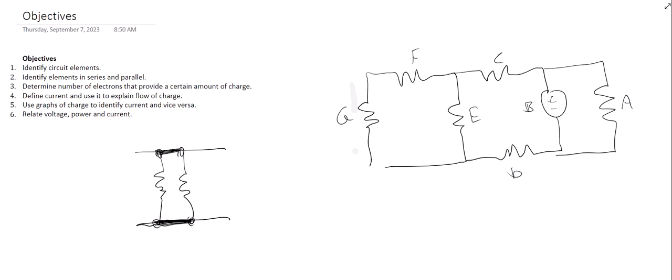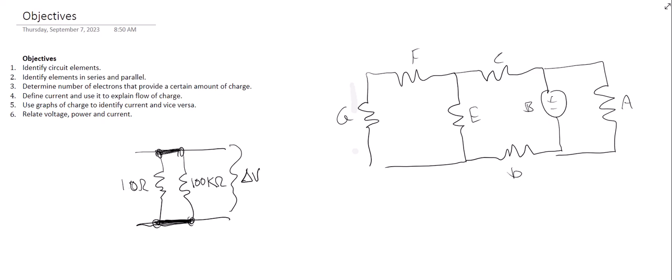So things that are in parallel, whatever the voltage change is across this resistor, it has to be the same for both of them because they're in parallel. So even if they're not identical resistors, this one could be 100 kiloohms and this one could be 10 ohms, and it doesn't matter. They have to have the same voltage across them. They would have very different currents, but they would have to have the same voltage because they're in parallel.